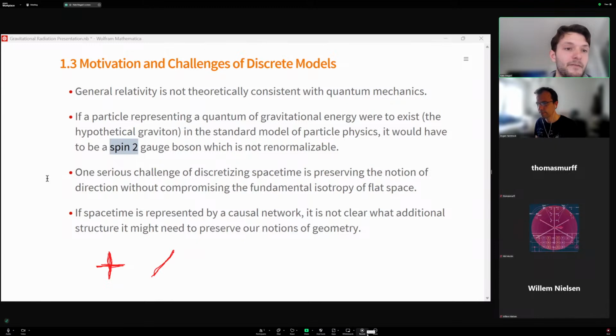So if we compare that to the polarization states of a photon, the independent polarization states are just either vertical or horizontal.